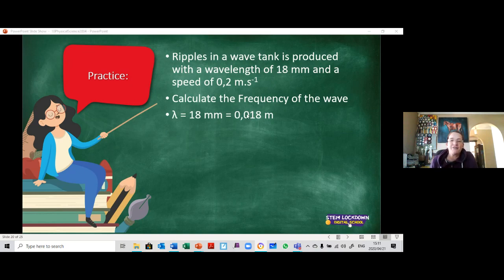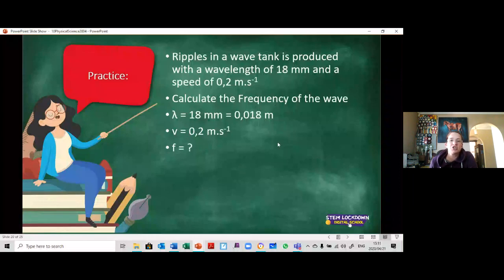So I have to divide millimeters by 1,000 to take it to meters. Okay. Next one that I get given is speed. Okay. And it is in the correct unit. So I don't have to do any mathematical manipulation of speed. Okay.